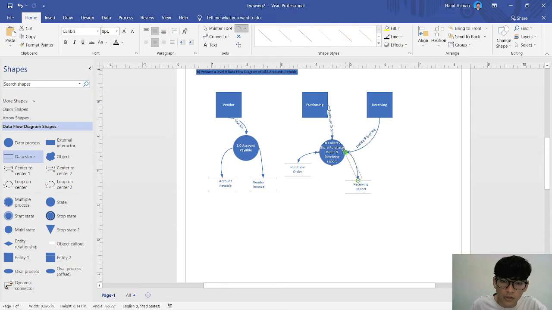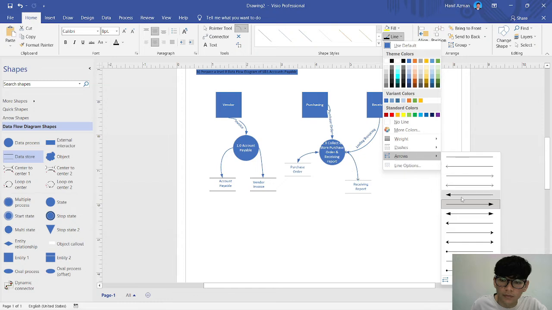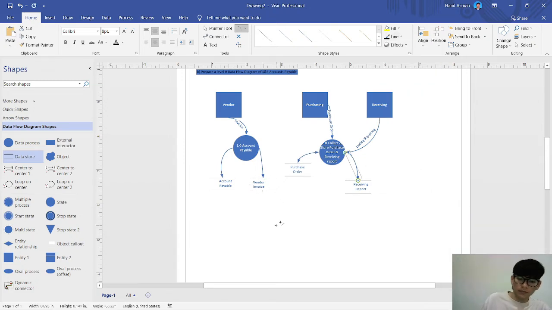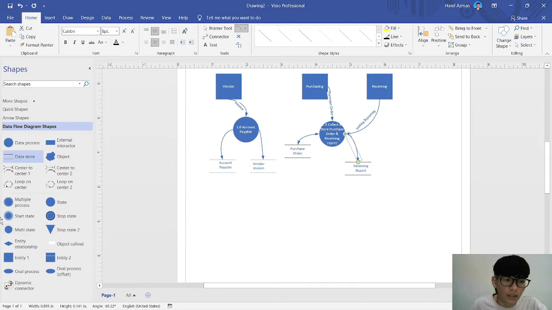Collect and store purchase order and receiving report sends here, just one arrow. And then they have 3.0, which is make payment.